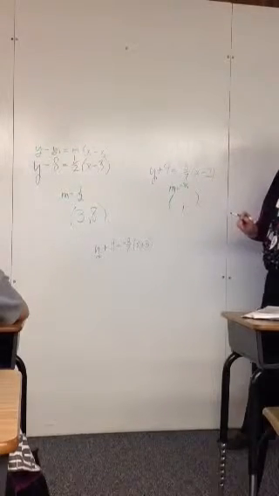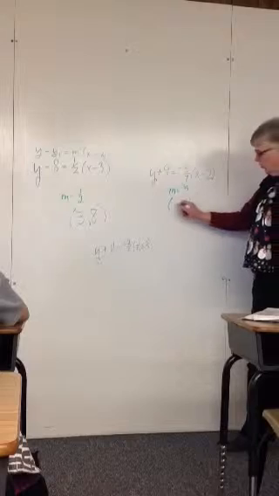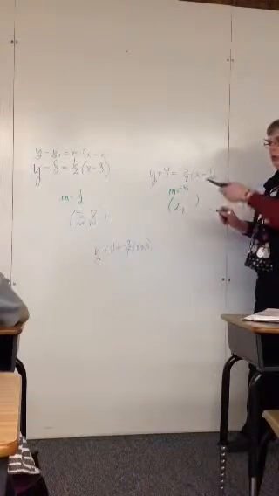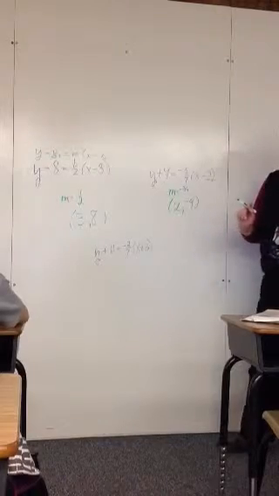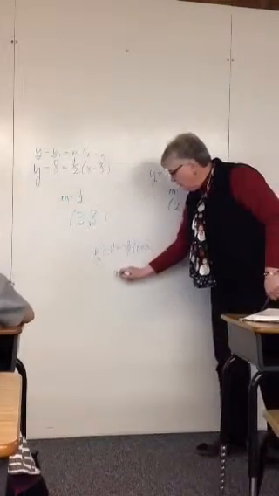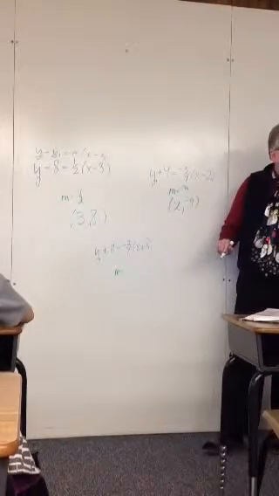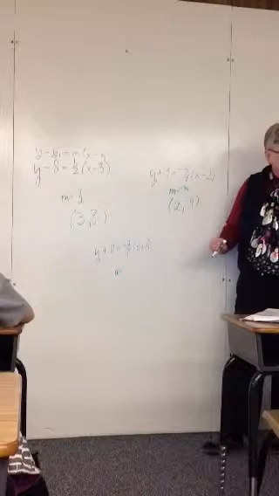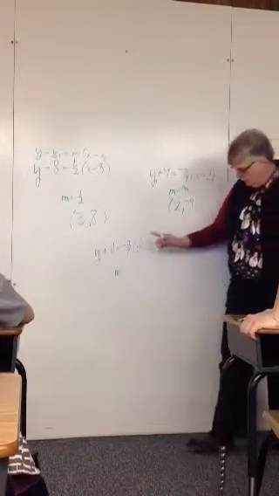All right, Carter, what's the x-coordinate going to be? 2. And Ashton, what's the y going to be? Everybody good? Because it's basically the opposite. All right, down here, what's the slope? 2/7.